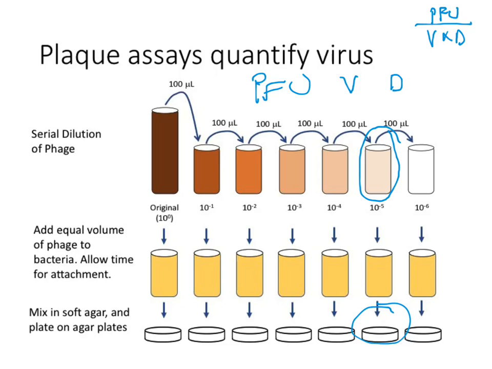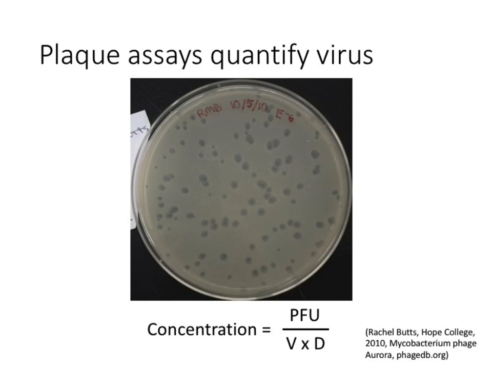All right. So here's what it looks like when you've got these plaques. I won't have us do this problem right now, but if you wanted to, you would be more than welcome to analyze this. You can see in this problem from Rachel Butts at Hope College, this is a mycobacterium phage that they named Aurora, and you can see e to the -6.